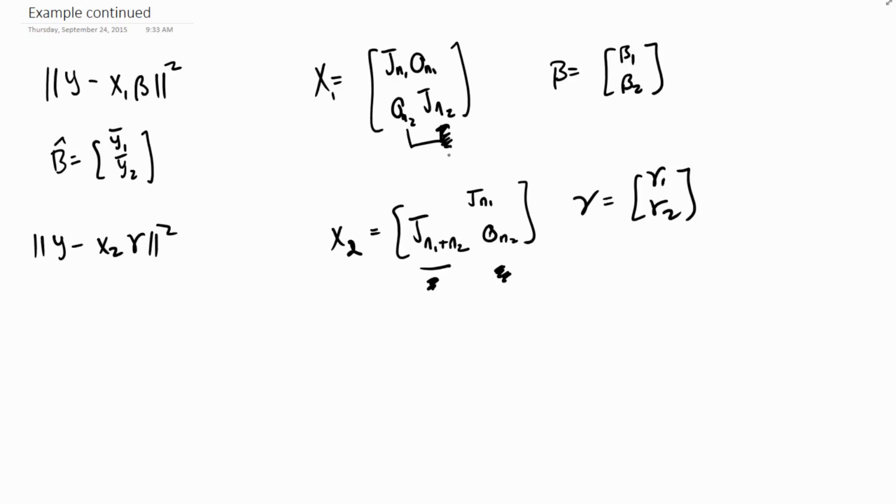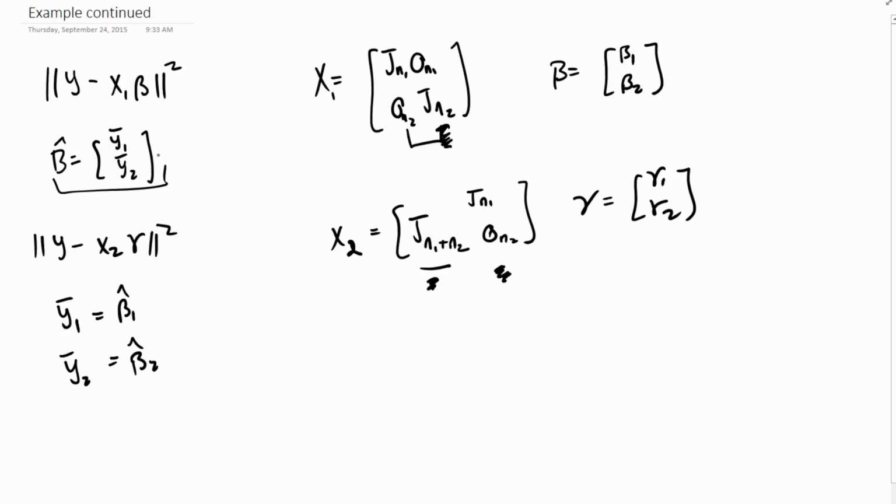And what we know from our projection argument is that the fitted values from both models have to be the same. The fitted value from model 1 for any observation in group 1 is going to be y1 bar, and for any observation in group 2 it is going to be y2 bar. So we know that beta 1 hat equals y1 bar and beta 2 hat equals y2 bar, because we worked it out in the last example.